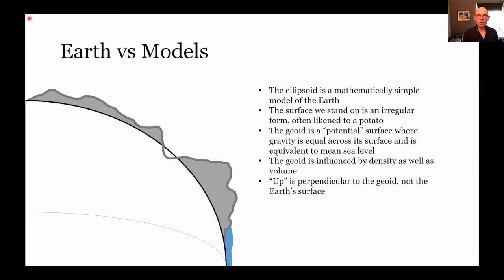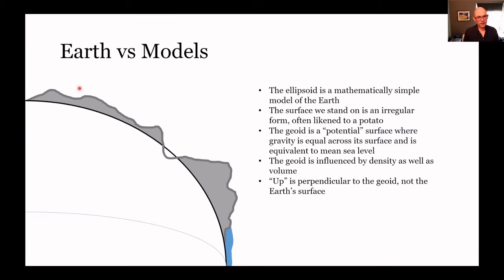Both lumpy in terms of the topography that we have, but also lumpy in the general form, so that it's lumpy on different scales, but close enough to this ellipsoid form that we can use that as a good enough model for calculating our positions. More than good enough, but these things exist. The deformations, the deviations from this mathematically simple surface exist, and we need to be aware of them because they will influence our measurements.